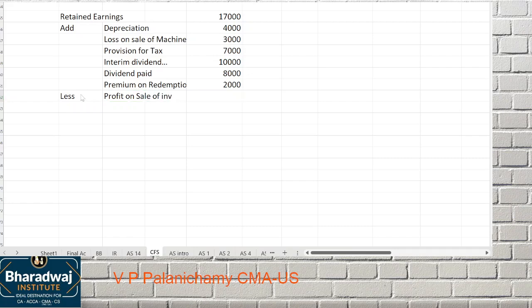How much profit on sale of investment? 10,000 or 1,000? Another mistake. Less refund of tax, which they would have credited to P&L account. How much? 1,000. Eliminated. You will get CFO before working capital changes.